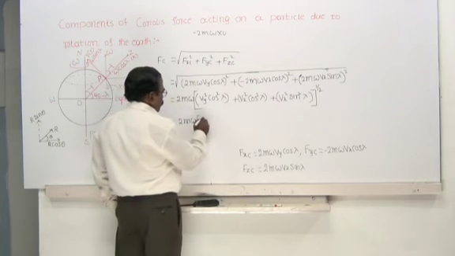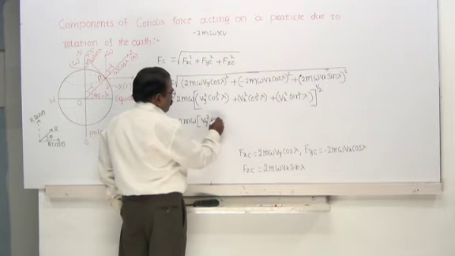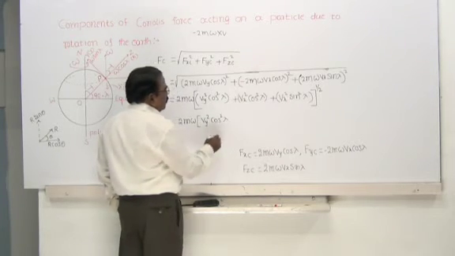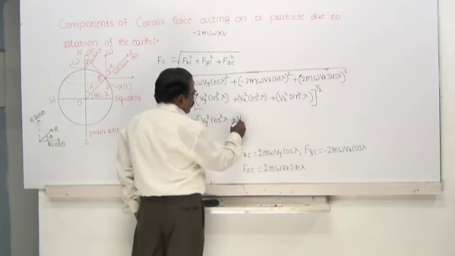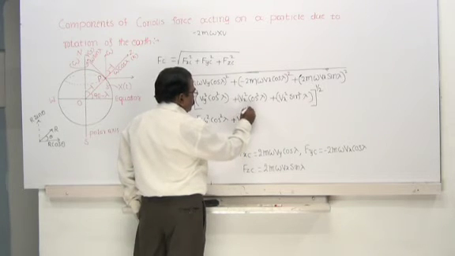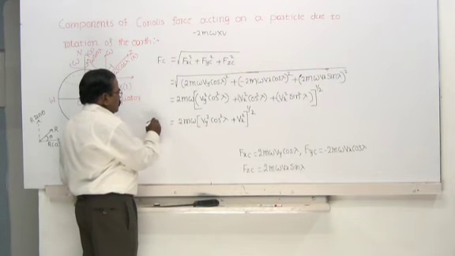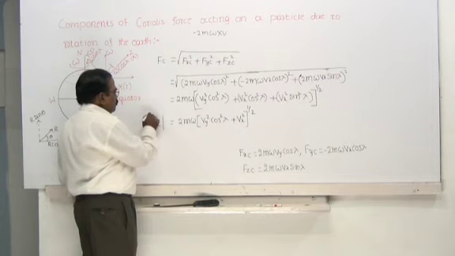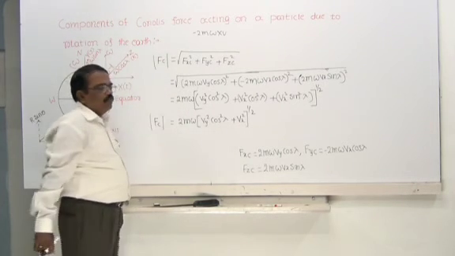Therefore, the magnitude of the force is Vy square cos square lambda plus what remains there? Vx square remains. Of course, this is a square root. So this is your magnitude of the Coriolis force.